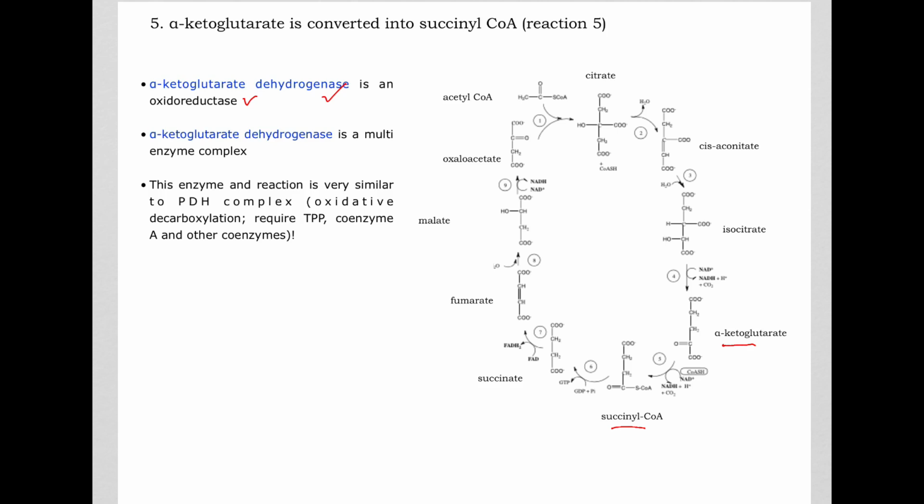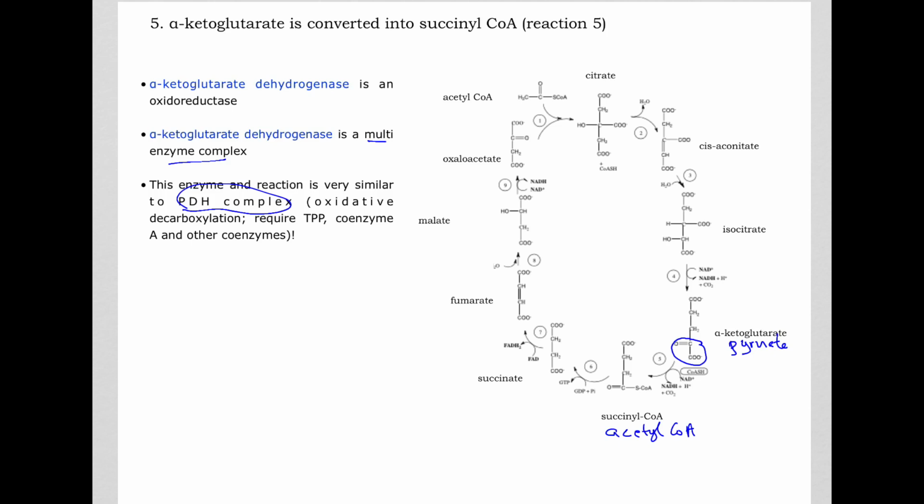It's an oxidoreductase. Now this enzyme, alpha-ketoglutarate dehydrogenase, is a multi-enzyme complex. It is very similar to the PDH complex. Remember, in the PDH complex, this would be pyruvate, which is an alpha keto acid. So here too, this is an alpha keto acid, and this would be acetyl-CoA in the case of PDH.